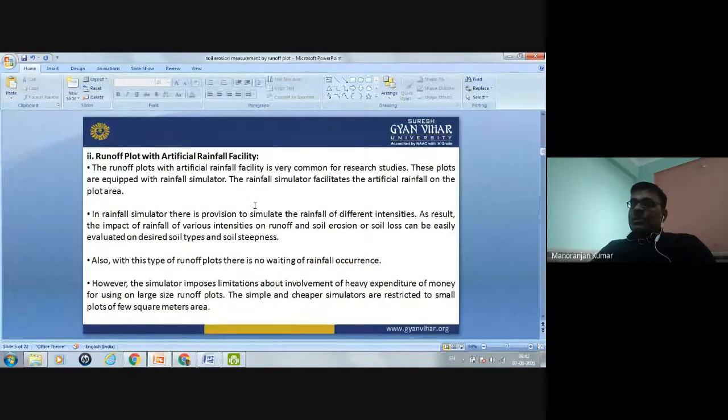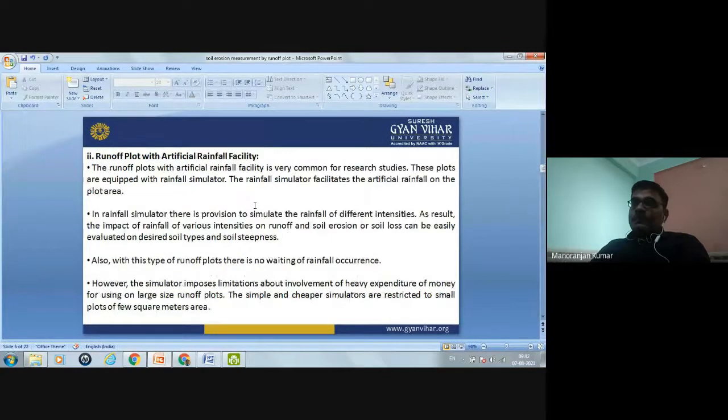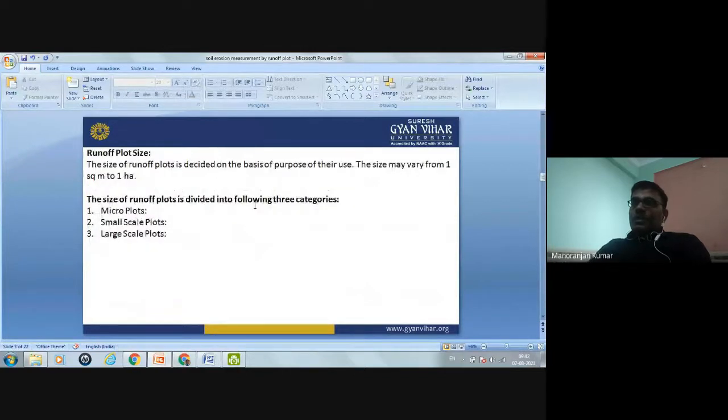And these runoff plots are used to calculate the soil loss, measurement of the soil loss from any area. Now the size. What should be the runoff plot size? So the size of runoff plot may vary from 1 square meter to 10,000 square meters. Okay.